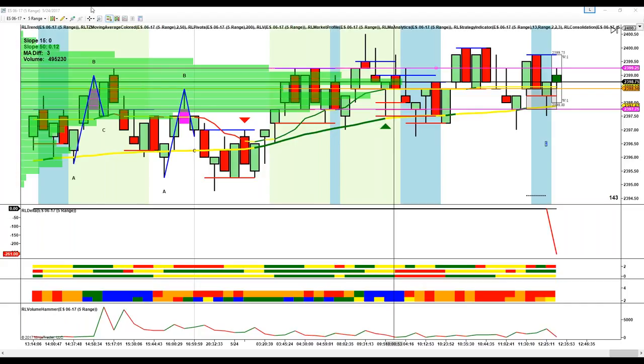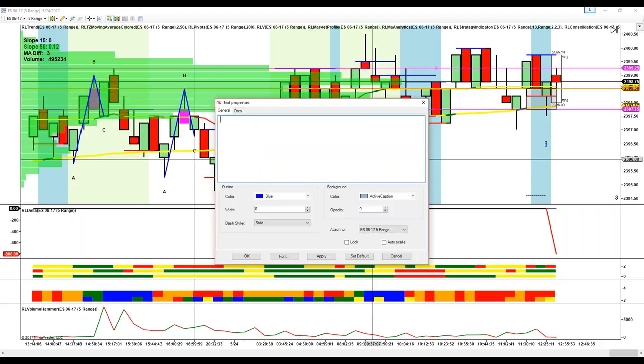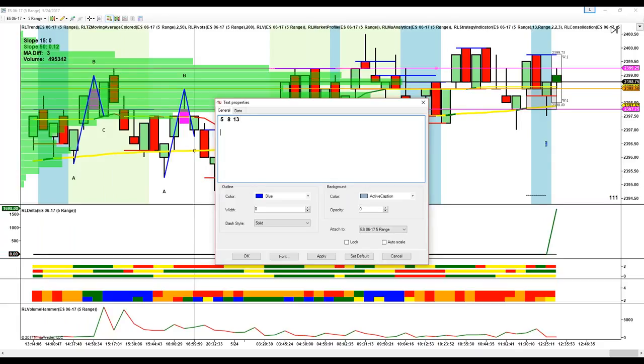The 8 range and 13 range are the two higher time frames we use on the E-mini. All they are is the two higher fib numbers. If you trade a tick or range chart, let's say a 5 range, the two higher fibs are 8 and 13. If you trade an 8 range, your two higher fibs are 13 and 21.